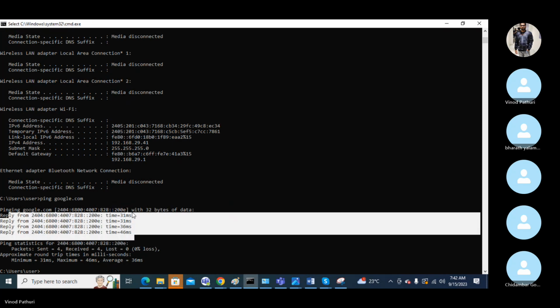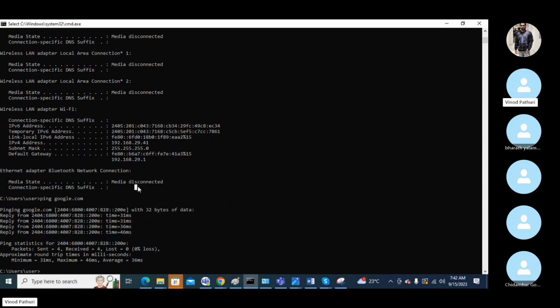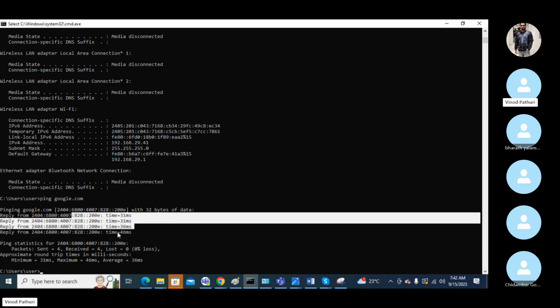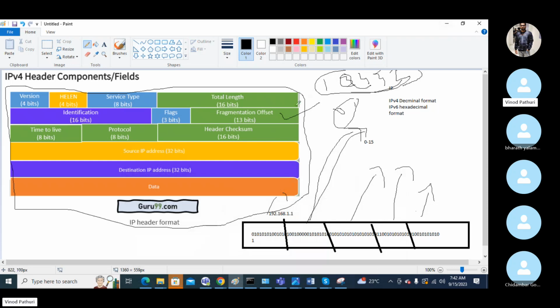So how much time am I taking to reach Google here? 31 milliseconds, 36 milliseconds, 46 milliseconds. That's based on your connectivity. Whenever any packet enters any network, it has a TTL value, time to live. So how much time can the packet be alive?